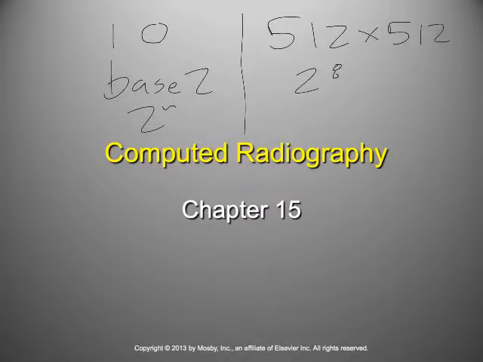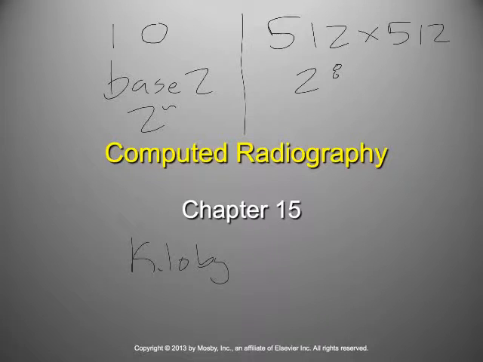So our computed radiography matrix sizes and receptor sizes and all the ways that the computer understands it are going to be based on binary. It will always be described in binary units. And the only other thing that I would pull out of Chapter 14 is understanding what a kilobyte is.